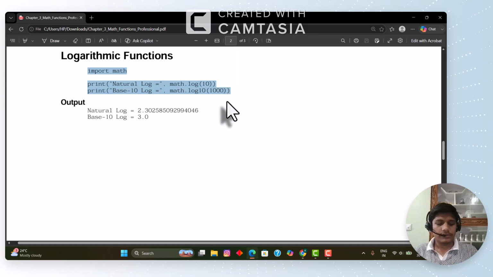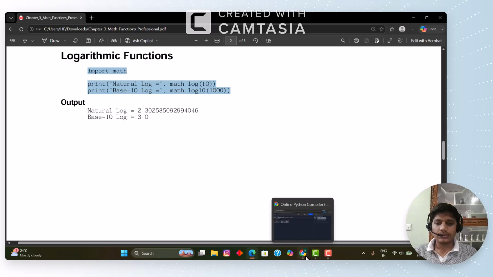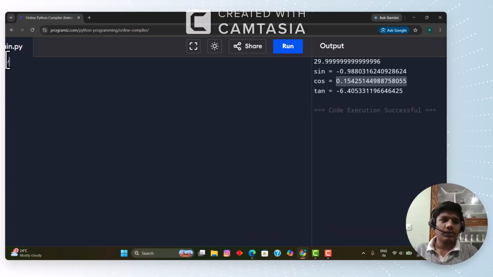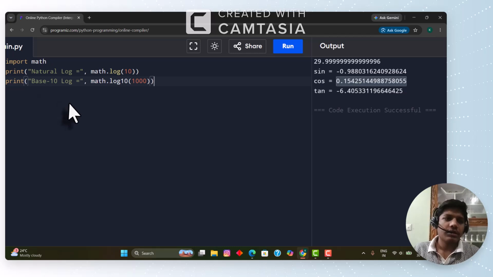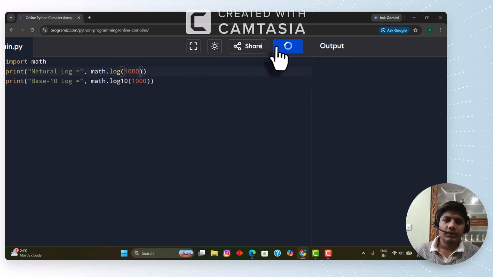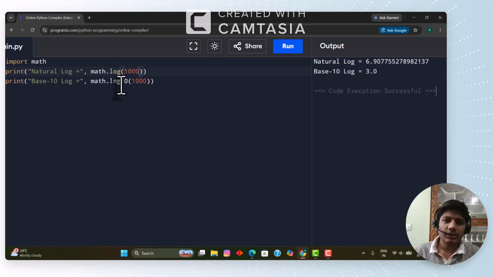Import math is compulsory. So after that, math dot log. What is the difference between both of these? If you enter the same 1000 here, run it. This is natural log, and this is base 10 log.